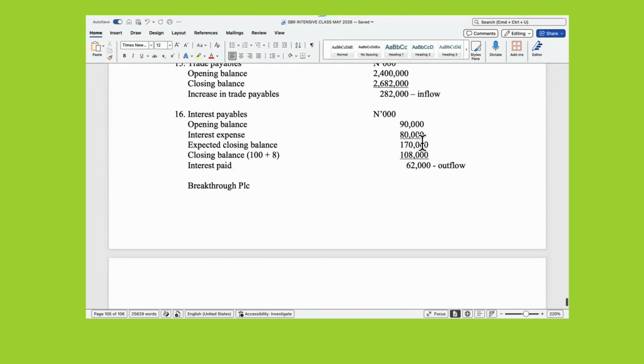So I expect my interest payable to be 170, but the closing balance was 100, plus the interest on deferred consideration. The remaining 8 is interest payable as well, I just added it here, making 108. So there's a decrease in interest payable, which is the interest paid of 62.